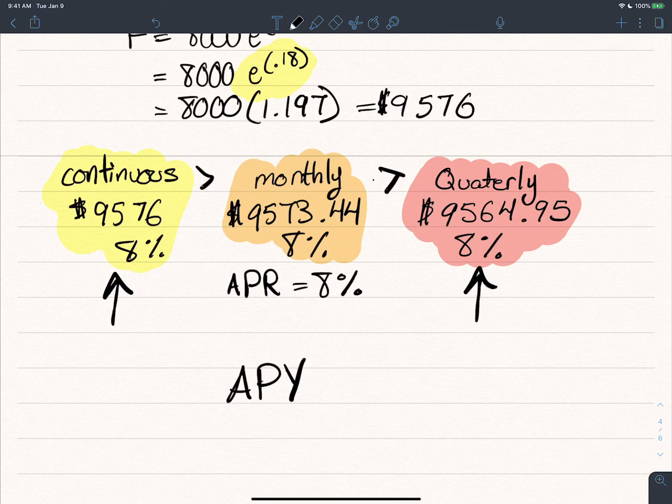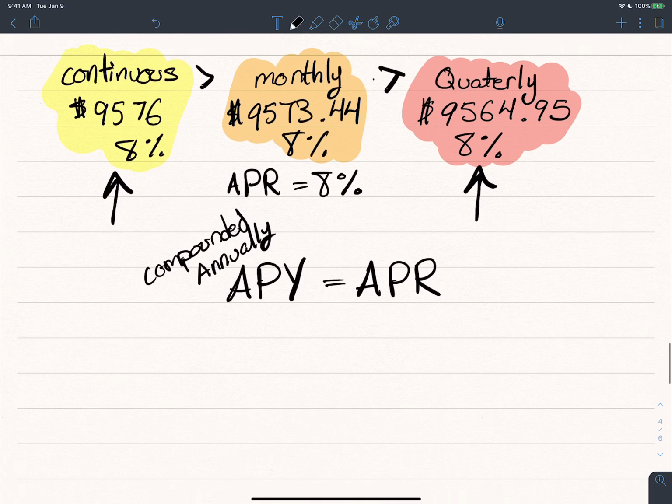If it is compounded annually, then we don't have to worry about anything. The APY is going to equal whatever interest rate we were quoted, or the APR.